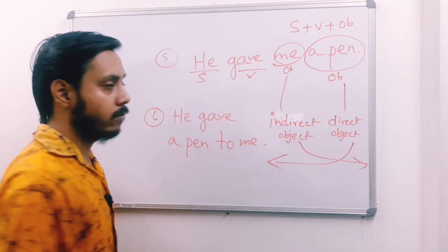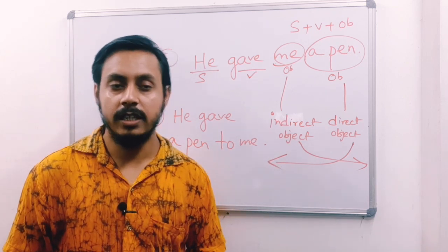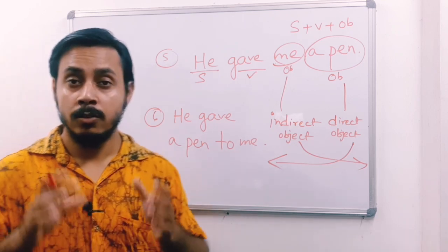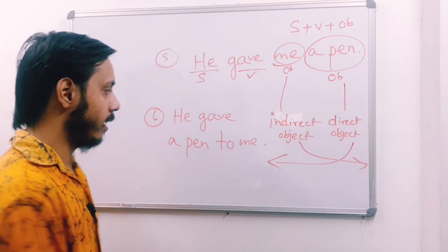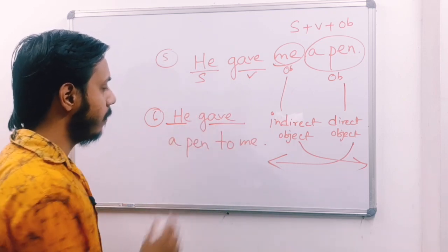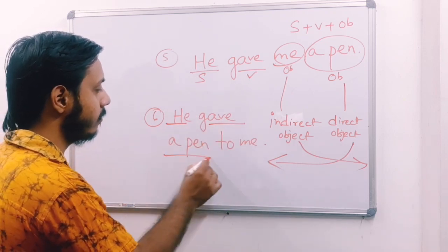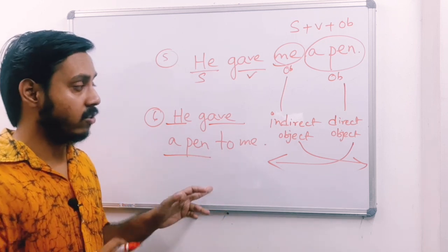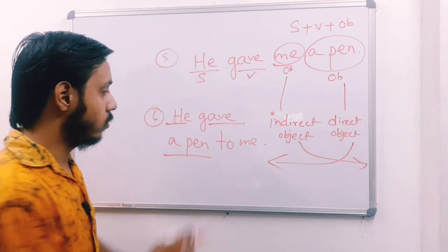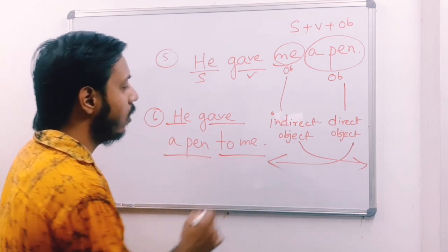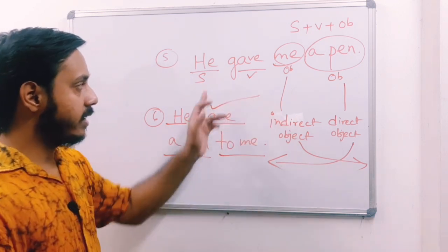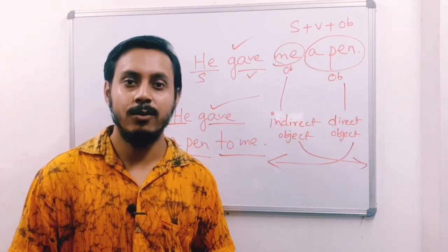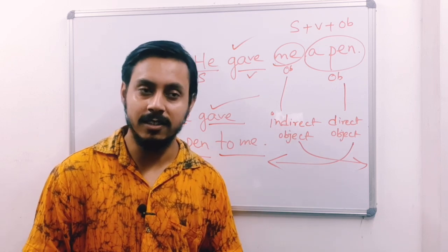If you exchange the direct and indirect object, then you have to put to just before me. Here he is the subject, gave is the verb. He gave a pen, then you have to put to before the indirect object, that is me. So he gave a pen to me is correct, or he gave me a pen is also correct. Both are correct. It depends upon you how you are going to use it.